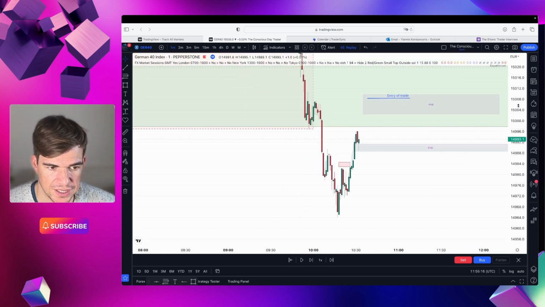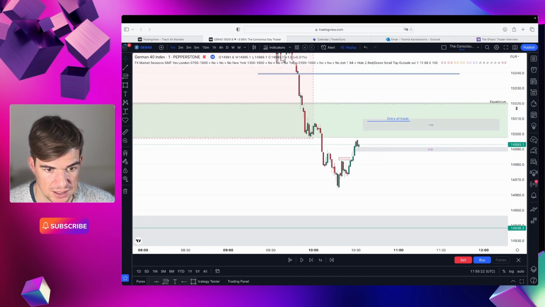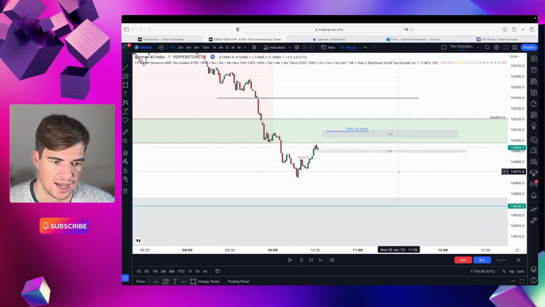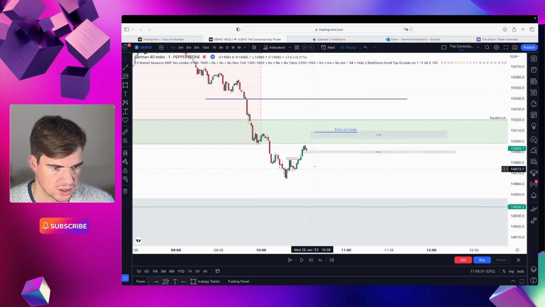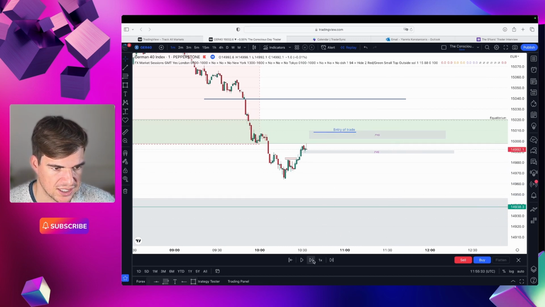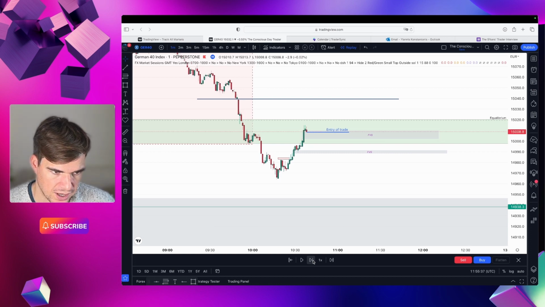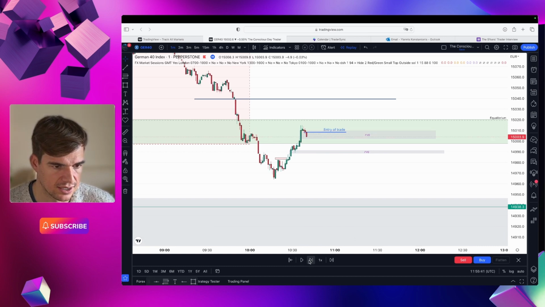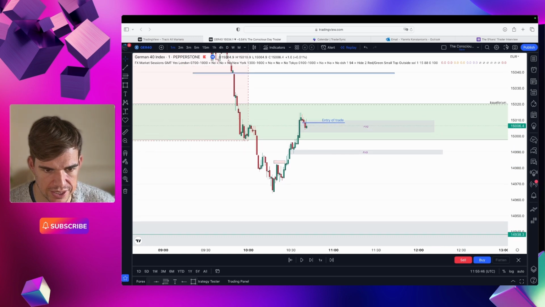But I was convinced that, since we had multiple areas, this is going to be retested back into equilibrium, taking this gap out before it comes to either take out the previous daily lows or continue on to the upside. So I was waiting for this to happen. That was my strong break, and then as you can see, it came back down, and that's where I got triggered.